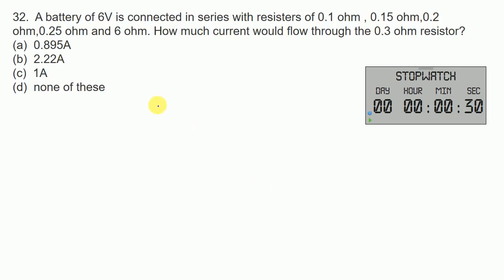A battery of 6 volt is connected. Okay, solve it. Battery of 6 volt is connected in series with resistors 0.1, 0.15, 0.2, 0.25 and 6 ohm.